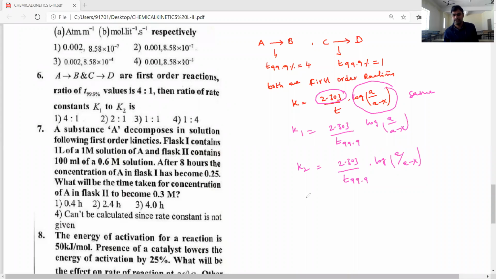Now this T99.9% is nothing but 4, and here this T99.9% is nothing but 1.